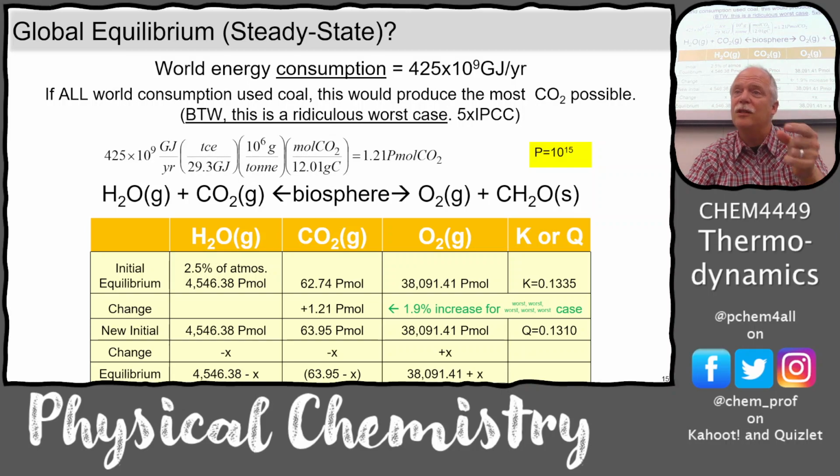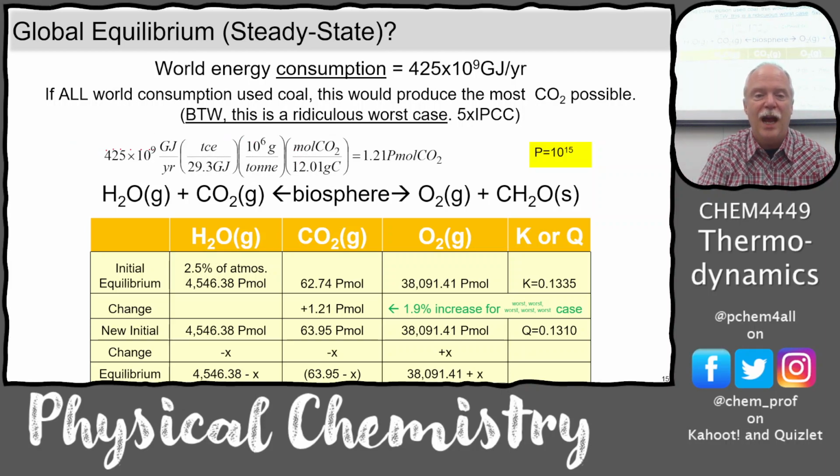That's not just the worst case scenario, that's 5 times the worst case of the Intergovernmental Panel on Climate Change. So I just wanted to see what we could possibly do as humans if we used the dirtiest fuel and generated the most CO2 possible to run the whole planet. That'd be 5 times their worst case, and it would change a fair amount.